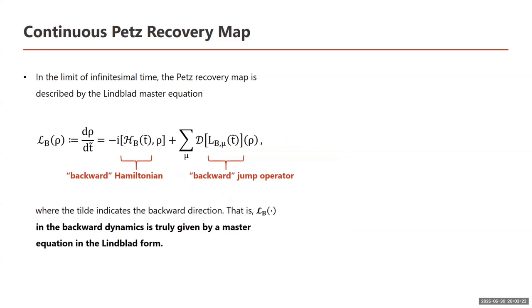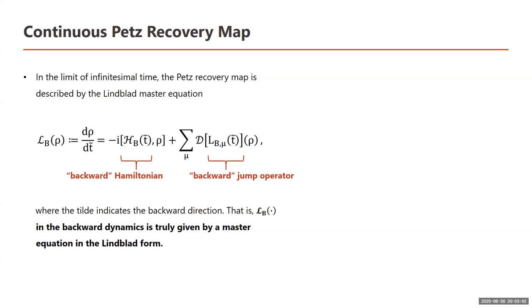So now we have extended the Petz recovery map to continuous time, so we can think of a continuous Petz recovery map. Now we can ask, how is the recovery map described at the infinitesimal level?